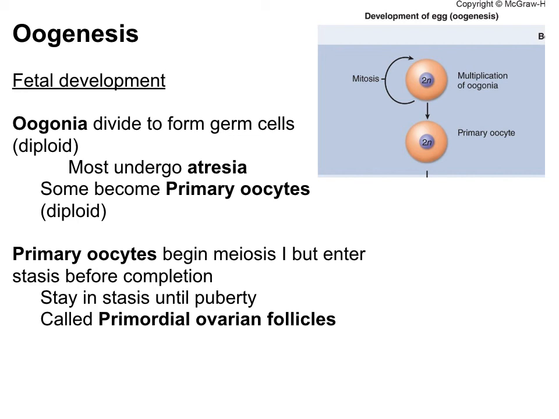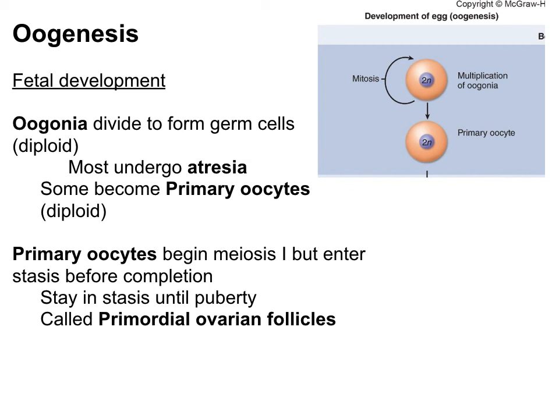However, there are some that do survive, and these few become your primary oocytes, which are diploid. The primary oocytes within the fetal ovary actually begin meiosis I. However, they enter what is called stasis prior to completion.